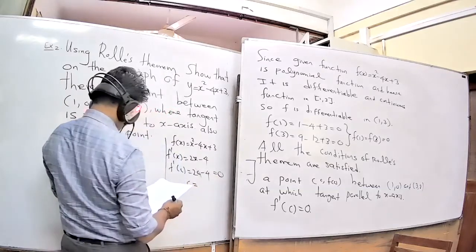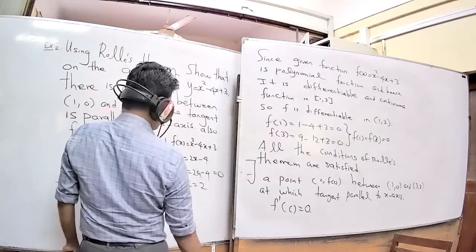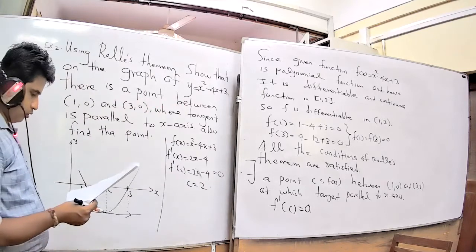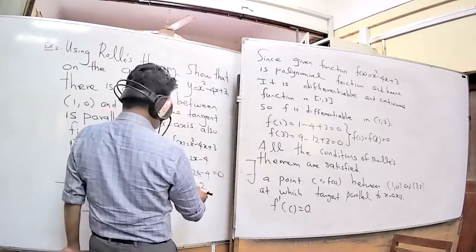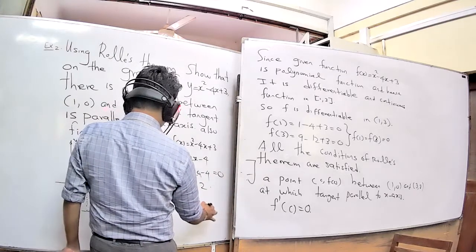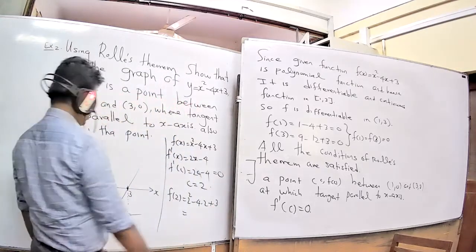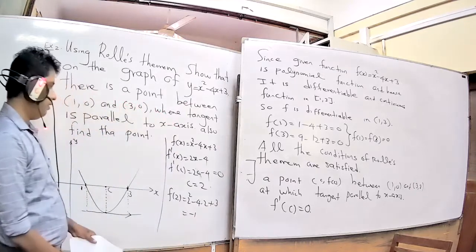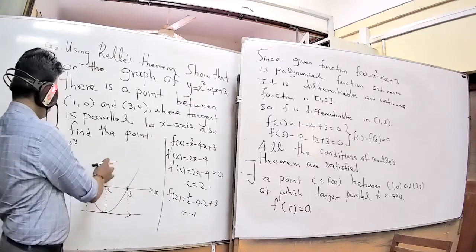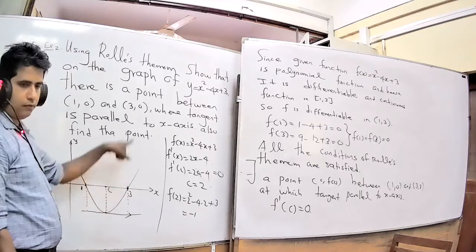Now for point C equal to 2, you want to find f of 2: 2 squared minus 4 into 2 plus 3, which is minus 1. Therefore, obviously this graph pattern is correct, because the value is minus 1. It is only possible here, like this graph.